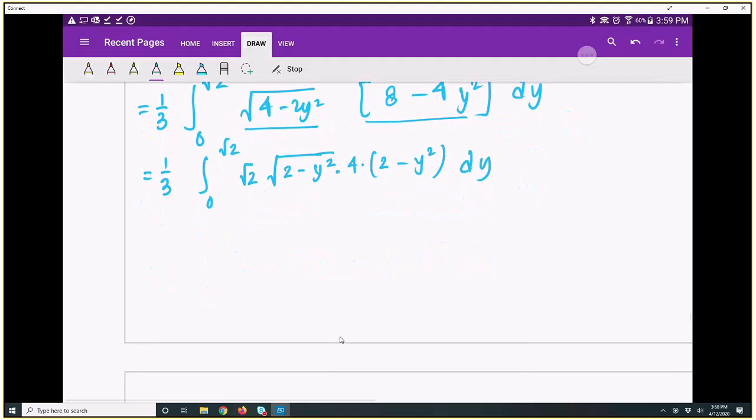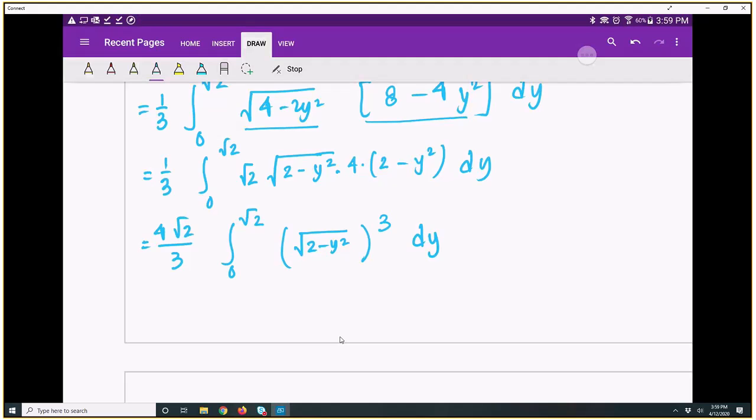So bring all the constants outside. You get 4 square root of 2 over 3 integration 0 to square root of 2. Now I'm going to write it as square root of 2 minus y squared whole to the power 3 dy.